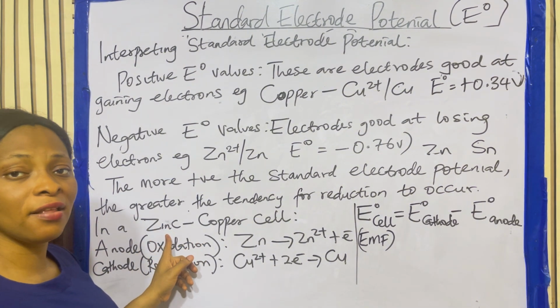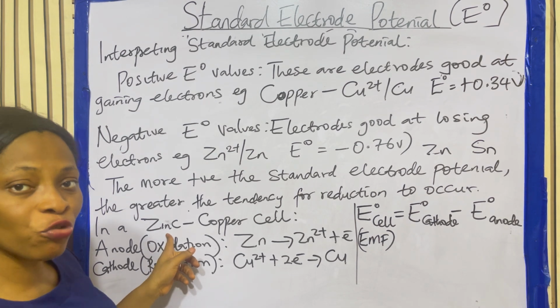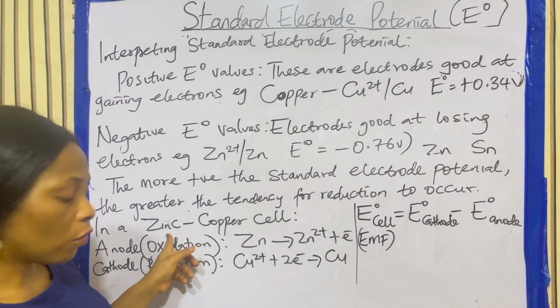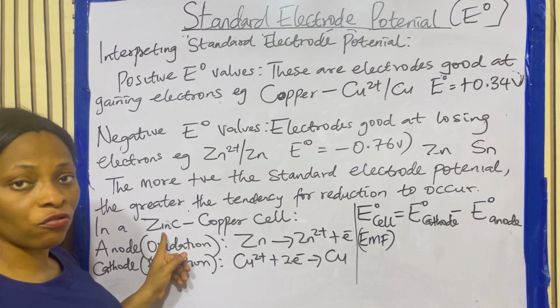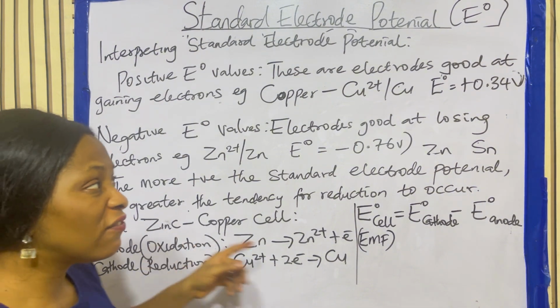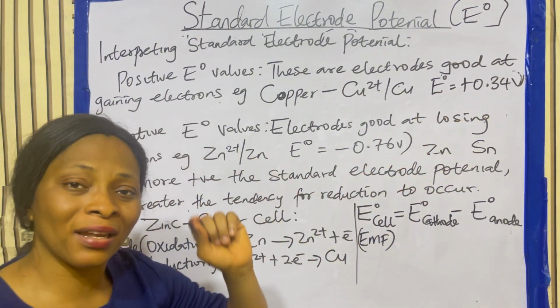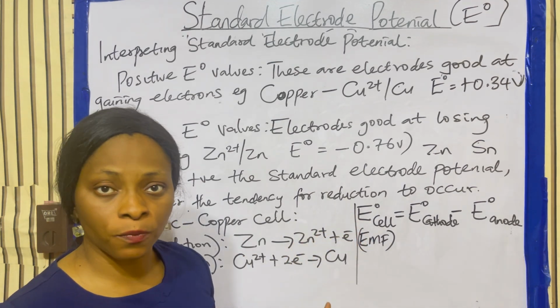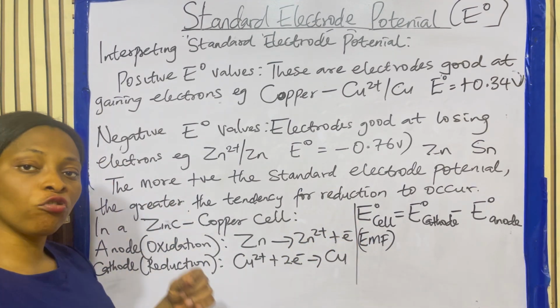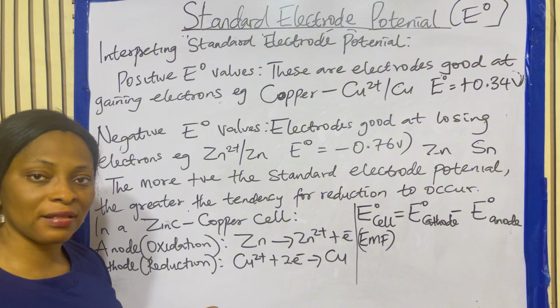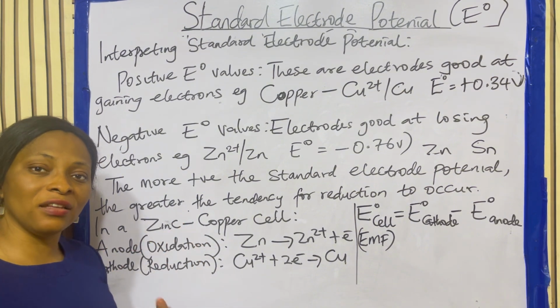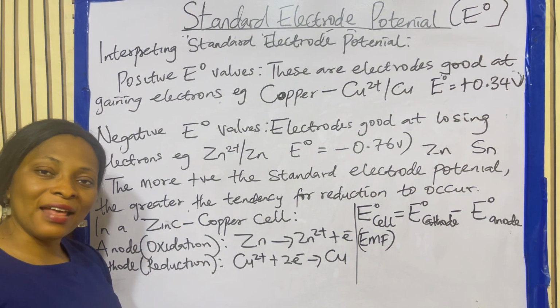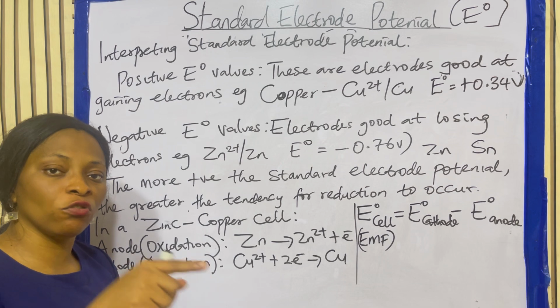Remember, anode is the negative electrode. The values are just talking about oxidation and reduction. So the more electropositive an element is, the more anodic it will be. And the less electropositive, the more cathodic it will be.